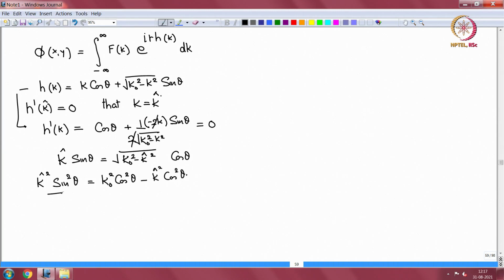So if we combine this and this, we get k hat square is equal to k0 square cos square theta, or k hat is equal to k0 cos theta. That means k hat is within 0 and k0. Okay, so this has two roots, one positive going, one negative going. We are considering the positive going root.